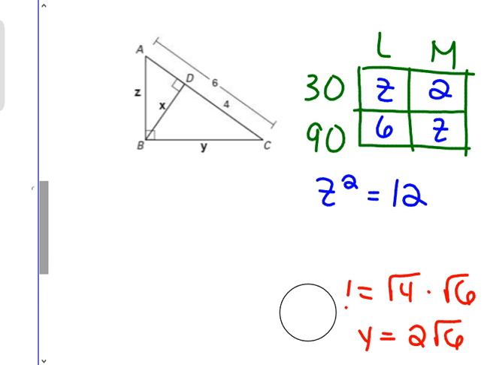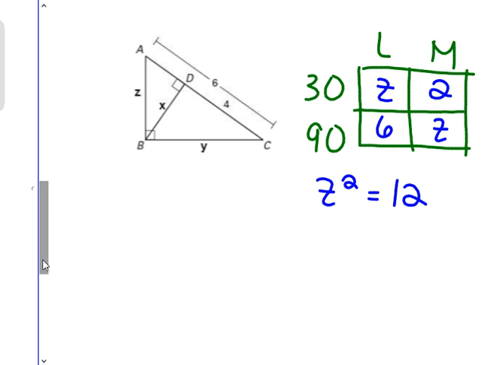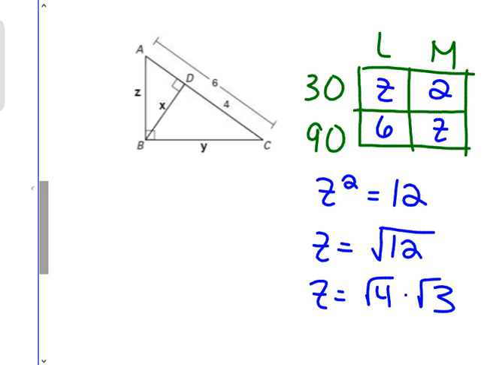Let me get this out of the way. z equals the square root of 12. z equals the square root of 4 times the square root of 3. All right, so those are all 3 variables.